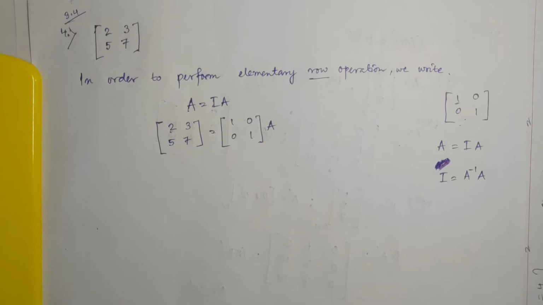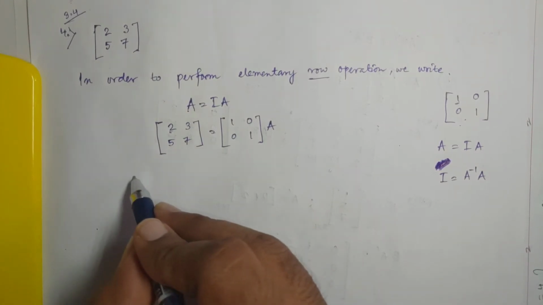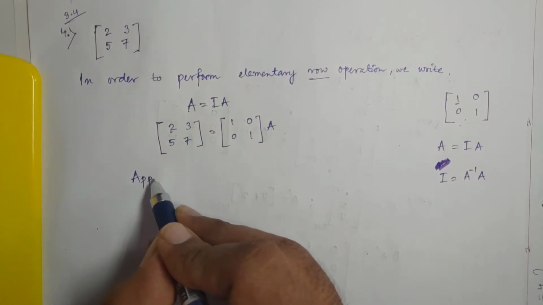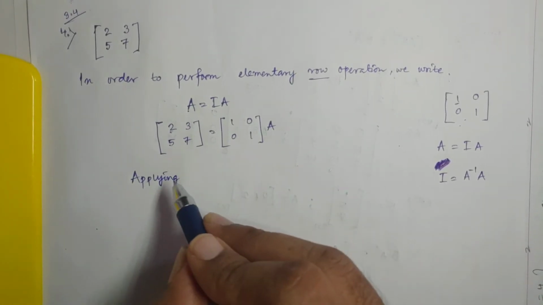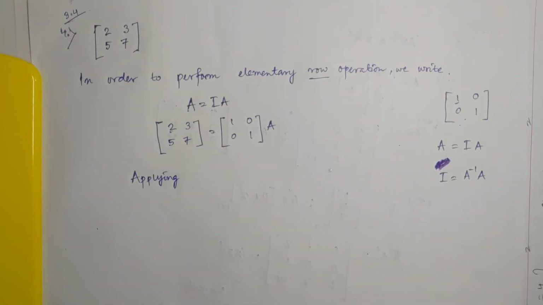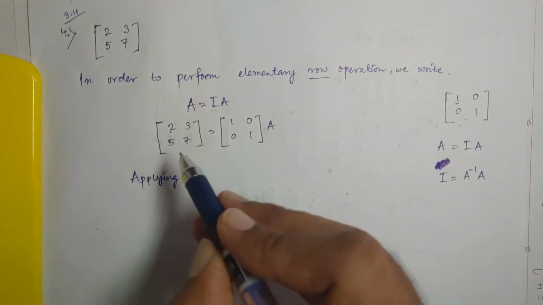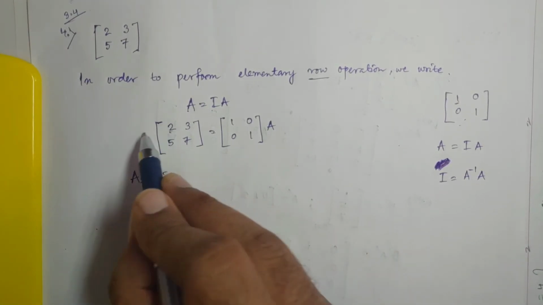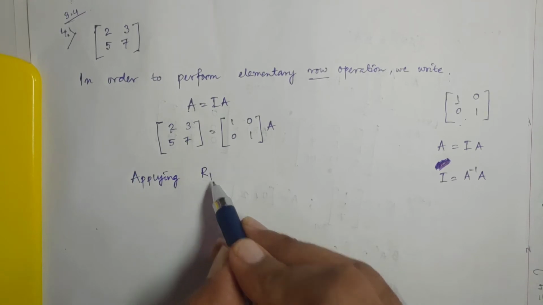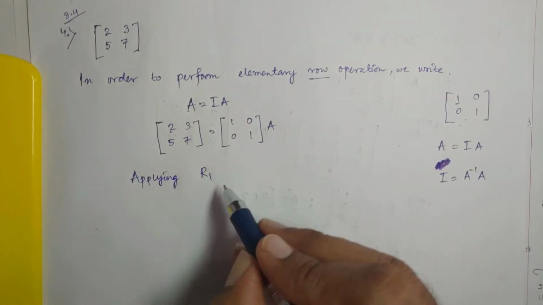Whenever we have to make an element 1, we multiply by the reciprocal of that element. Here the element is 2, and it lies in the first row, so I will write R1, because I need to change the element of R1.